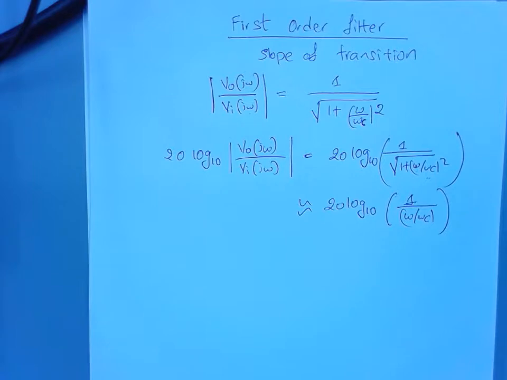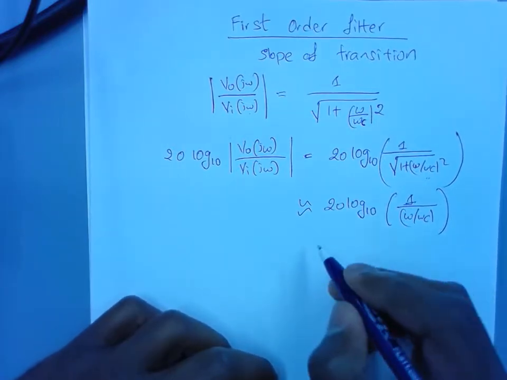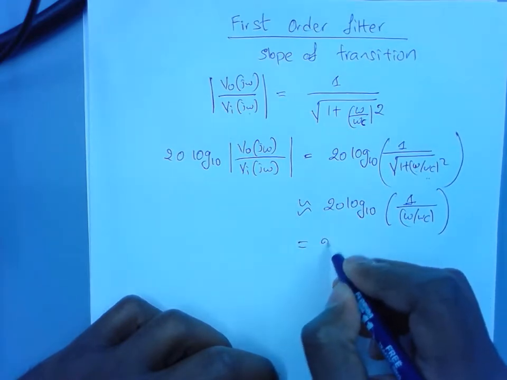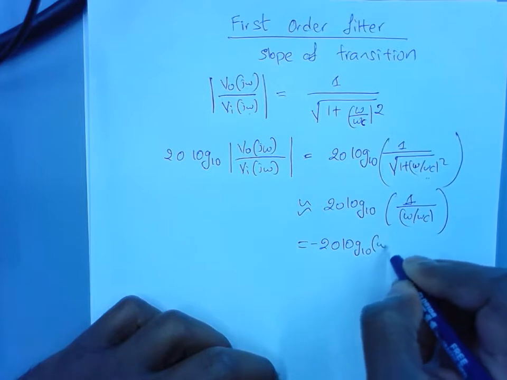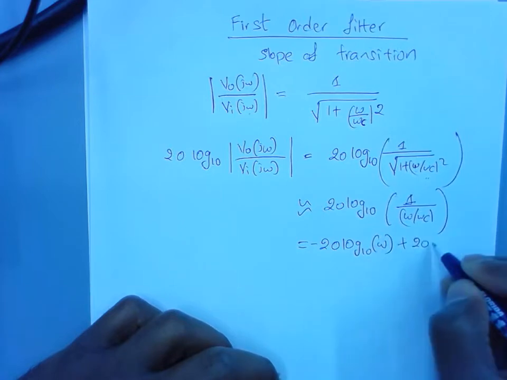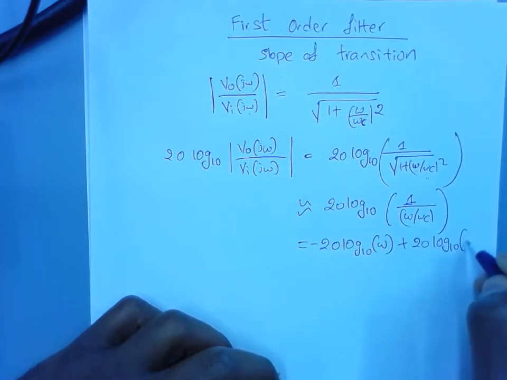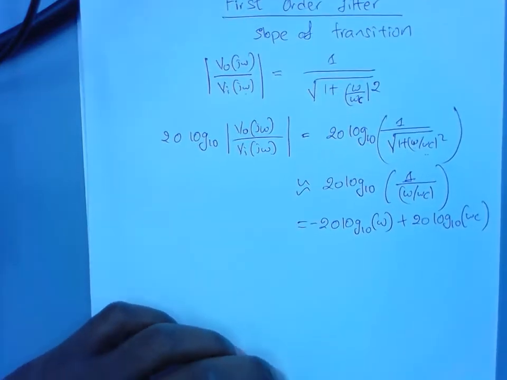Everybody with me? Okay, so that means this is equal to negative 20 log to the base 10 omega plus 20 log to the base 10 omega c. With me? Right? So that's it.